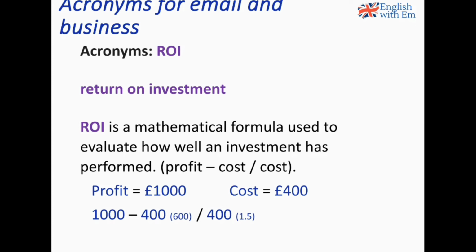And ROI is usually presented as a percentage. So then you would need to multiply that by 100, which means you have an ROI of 150%. Okay, and when you're speaking, you don't sort of say R-O-I. It becomes "ROI" altogether.